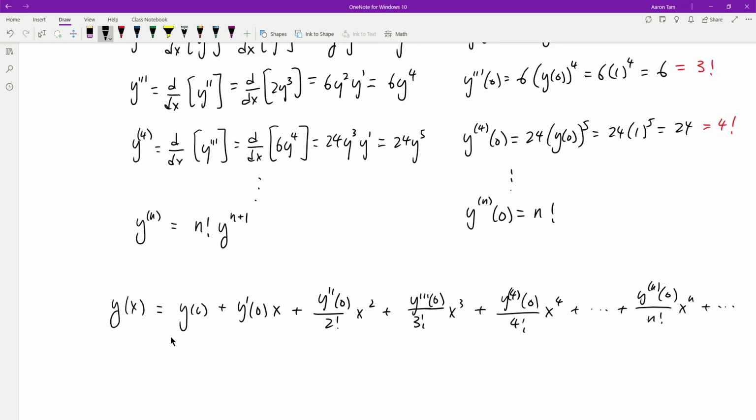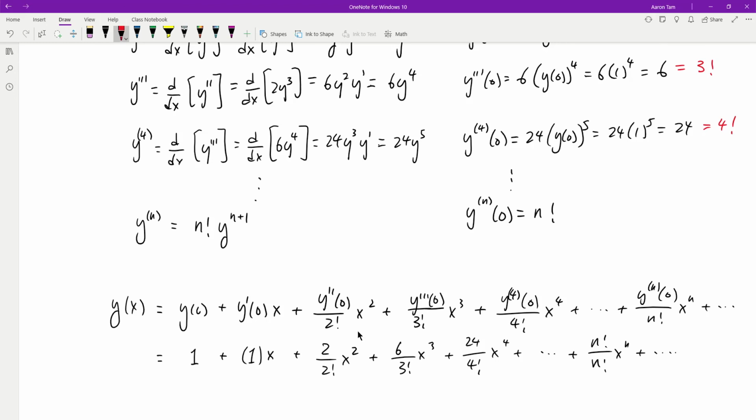And now all I have to do is plug in all the values that we know. We do know y of 0 is 1, and y prime of 0 is also 1, so it's 1 times x, plus y double prime of 0 is 2 over 2 factorial x squared, plus 6 over 3 factorial x to the third, plus 24 over 4 factorial x to the fourth, plus dot dot dot, plus n factorial over n factorial x to the n, plus dot dot dot.